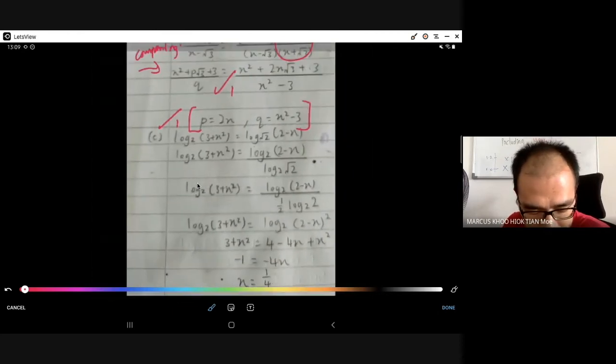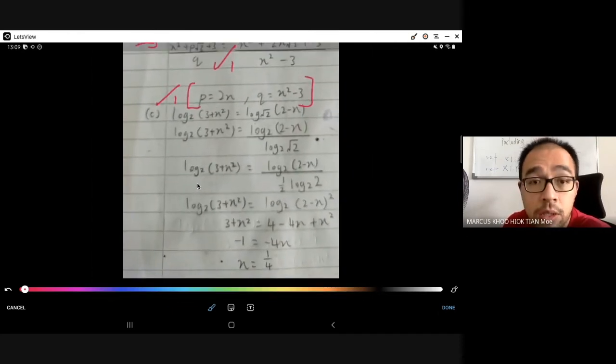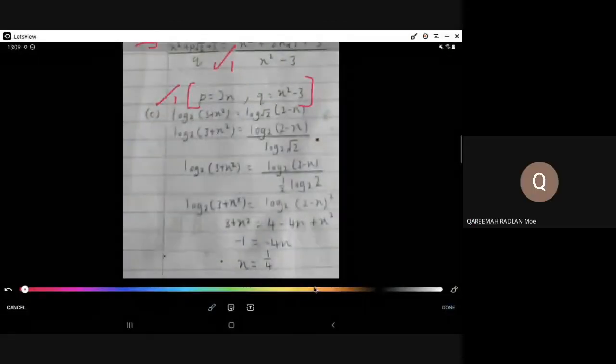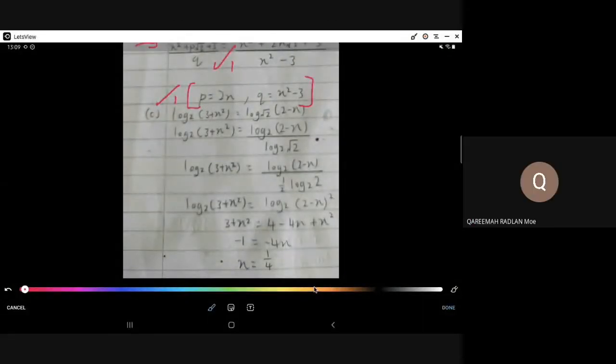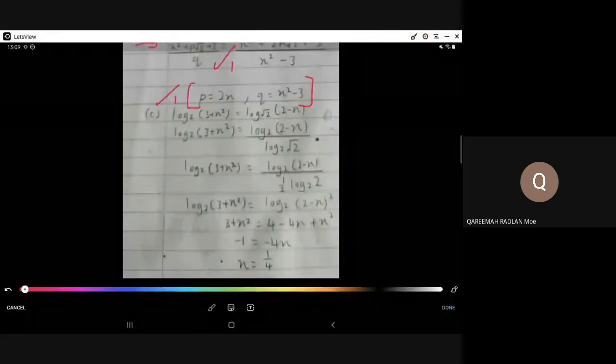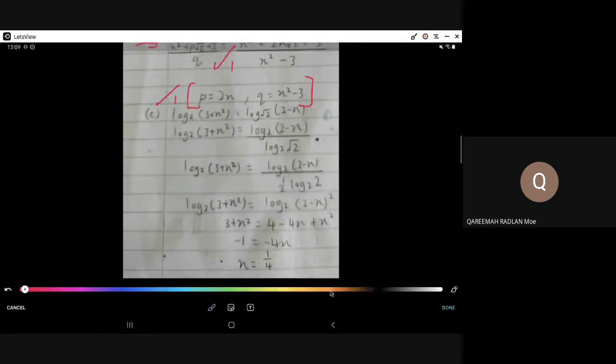All right, C. This is a simplified question. Find the value of x. So log 2 and then bracket 3 plus x squared equals to log square root 2 bracket 2 minus x. So first things first, we change the base of the log square root 2 into log 2.